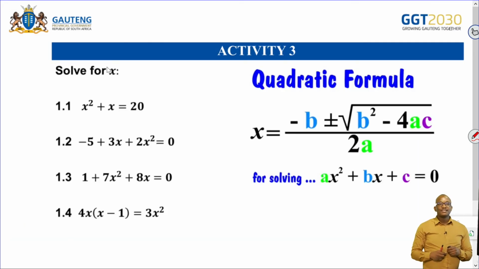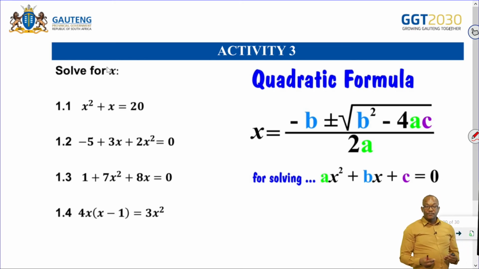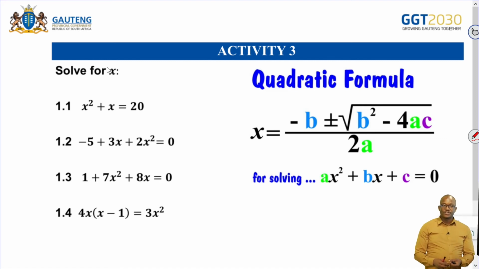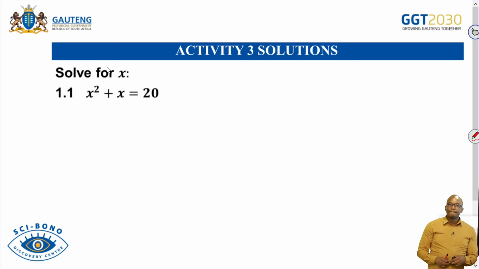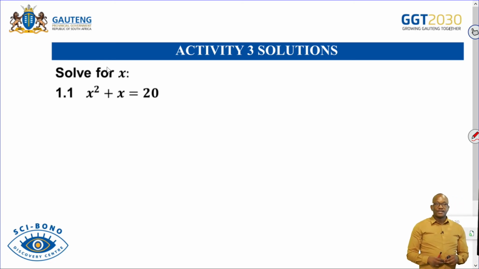Now, let's look at our activity number 3 then. So in activity number 3, we have x squared plus x is equal to 20. That is the first sub-question, and then all the other sub-questions there. So without any waste of time, let's look into question 1.